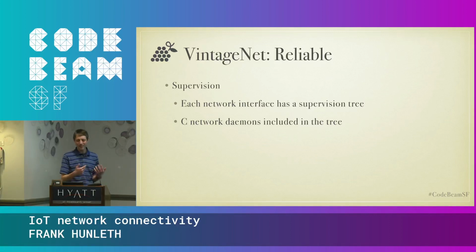The interesting part about this is that while we supervise our C daemons, so if they crash, they'll be restarted. The system will clean up and restart in a sane way. It also works the other way. That's kind of the one thing with supervision, that the Elixir side could crash, that supervision tree could come down, and it needs to take out the C daemons from running too.